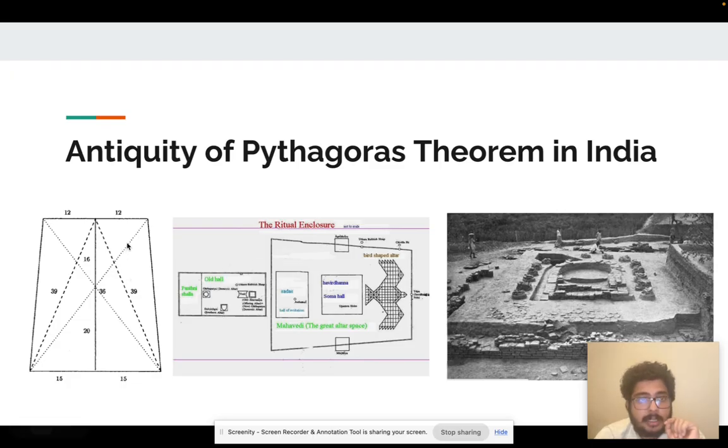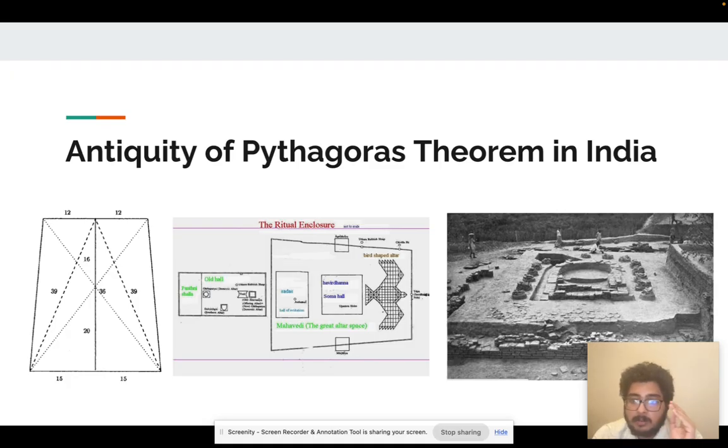So there is definitely a link between the Shatpath Brahmana text, the idea of this Pythagorean triplet and this Mahavedi, and the idea of geometrical constructions in the Sindhu Saraswati civilization, which means that all these ideas of the Pythagoras theorem, the Pythagorean triplet, the Mahavedi, the fire altar are a common link between the Sindhu Saraswati civilization, the Veda, the Brahmanas and the Sulba Sutra.